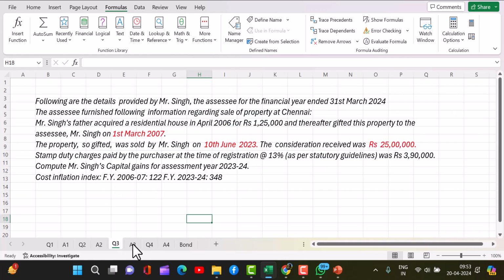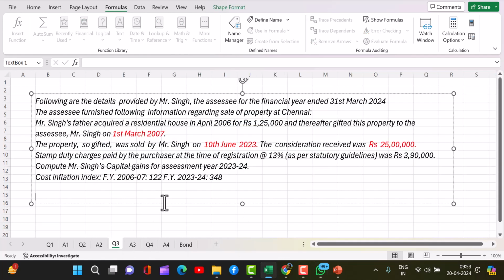Now, question number 3. Dia, are you there? Yes, sir. Can you read? Following are the details provided by Mr. Singh, the assessee, for the financial year ended 31st March 2024. The assessee furnished the following information regarding sale of property at Chennai. Mr. Singh's father acquired a residential house in April 2006 for rupees 1,25,000 and thereafter gifted this property to the assessee, Mr. Singh, on 1st March 2007.